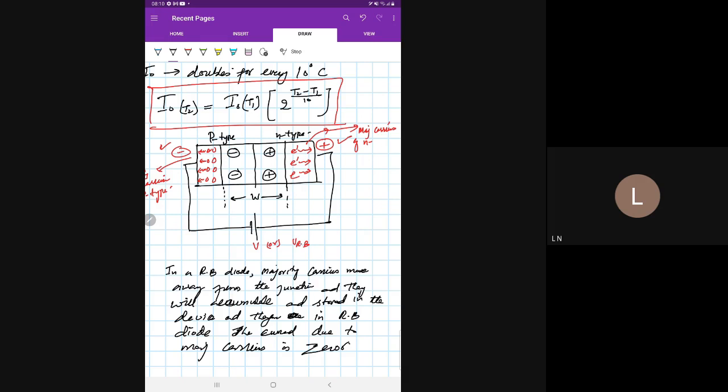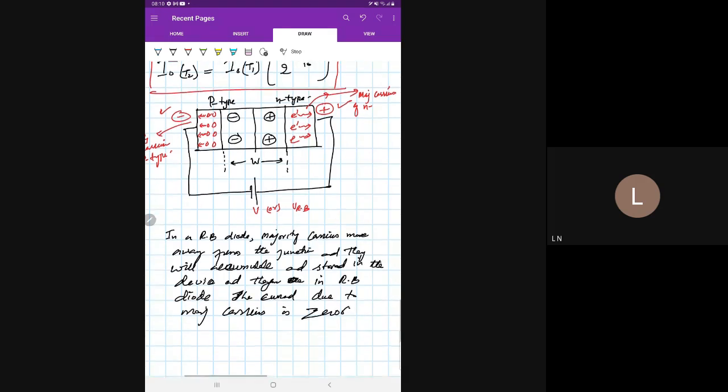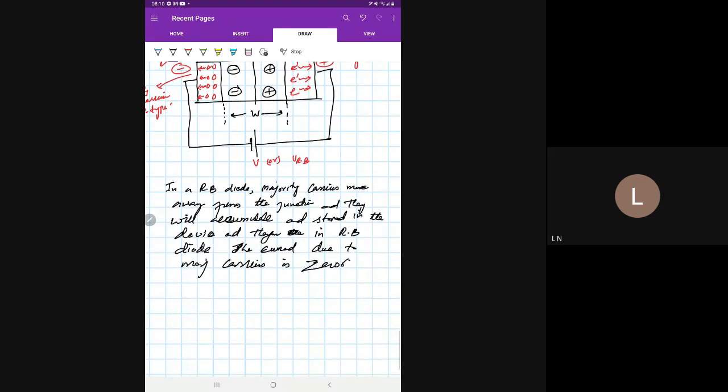Since majority carriers are blocked in crossing the junction, reverse bias is also known as blocking bias. So reverse bias is also known as blocking bias because the majority carriers are blocked in crossing the junction. They are not allowed to cross the junction.